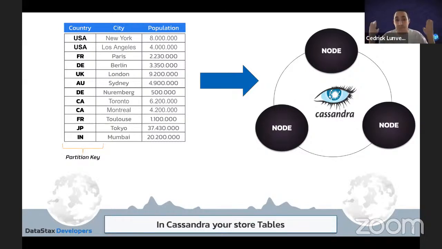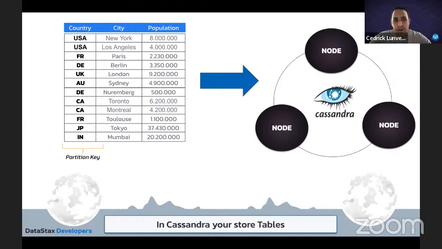Cassandra is all about tables, but those tables are not exactly the same as in SQL and relational databases. If you know relational, you will be at ease with Cassandra, but still there are some differences. One difference is that you want to store a lot of data. So if your table holds billions and billions of rows, you need to find a way to store those rows on multiple nodes. This is what we call sharding or partitioning.